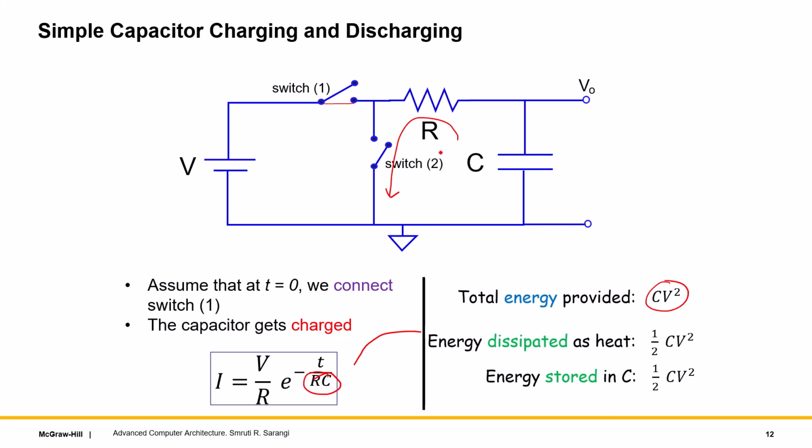The interesting thing is that this is independent of the value of the resistance R, right? That's very important to note, and it will be quite useful in our subsequent discussion. Out of this, half of it is stored in the capacitor, and sadly half of it is dissipated as heat via the resistor over here. But the important point is that the value of the resistance does not matter.